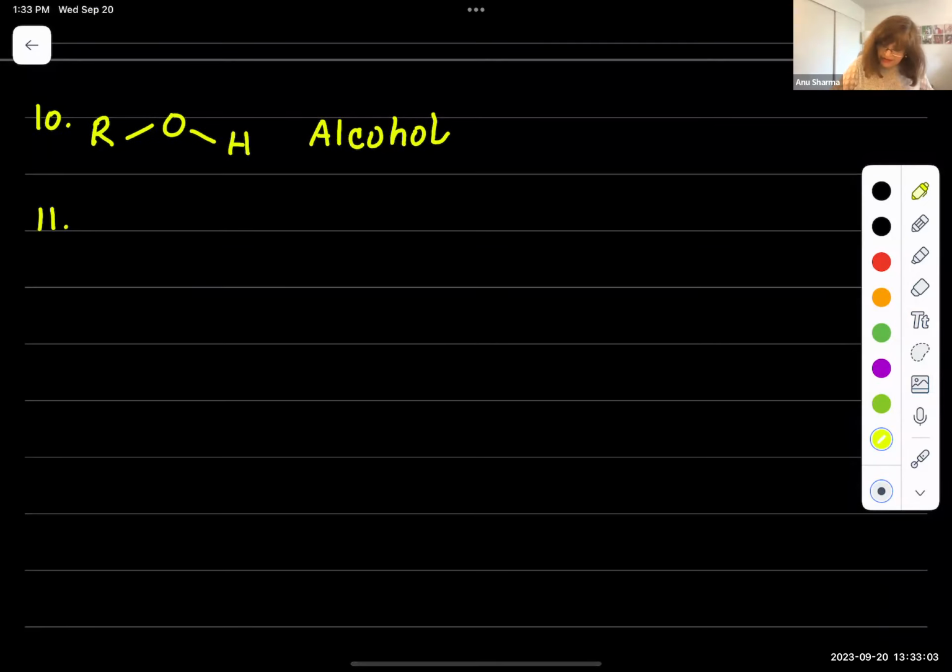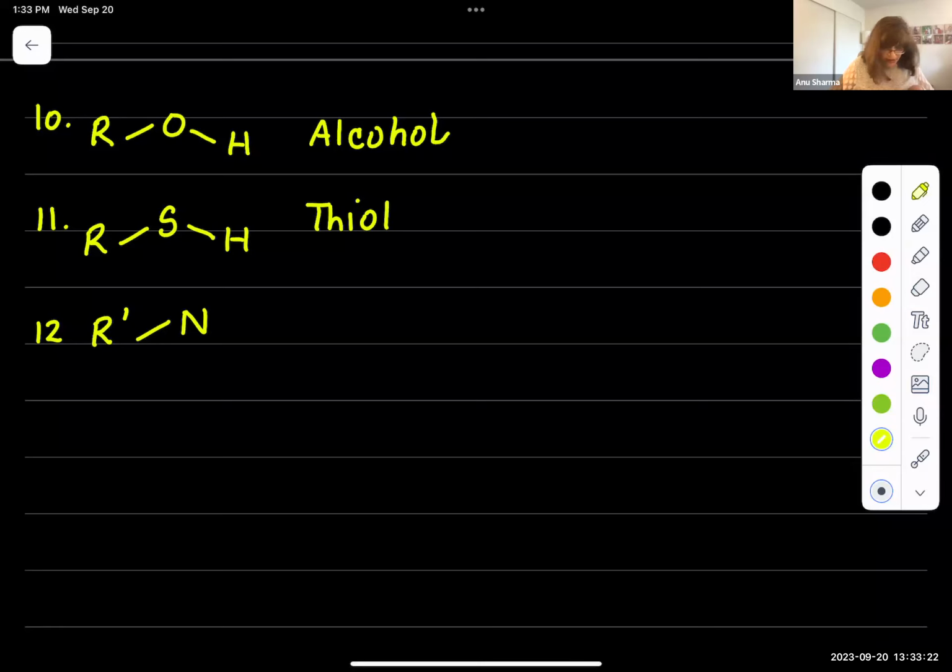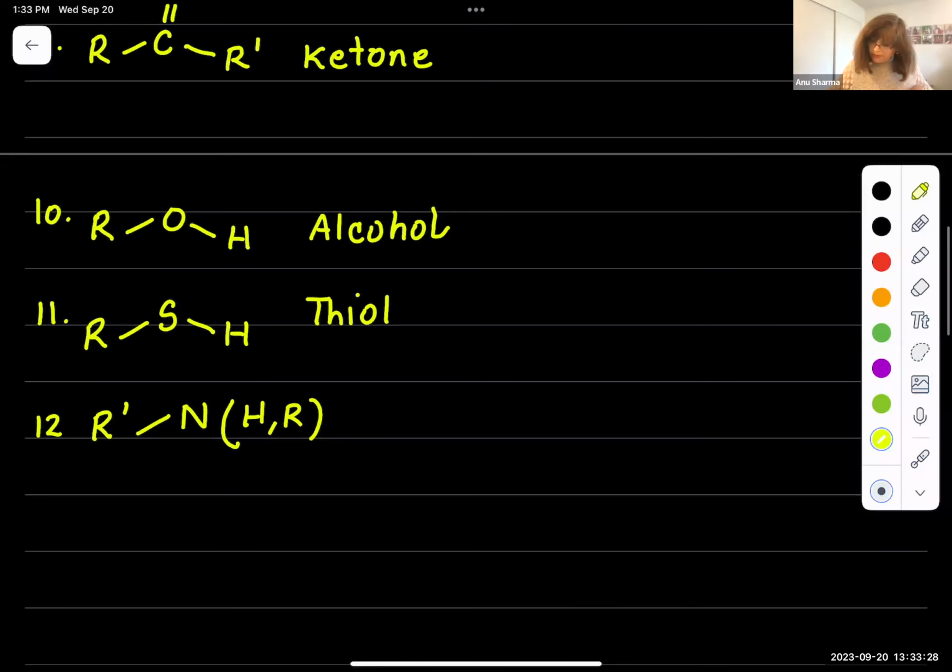Number 11 is R, and instead of oxygen we replace it with sulfur, and this becomes thiol, T-H-I-O-L. After that come the amines, and the amines are R, R dash, any number, N, and again there are primary, secondary, and tertiary amines. So here also, as in the alcohol.